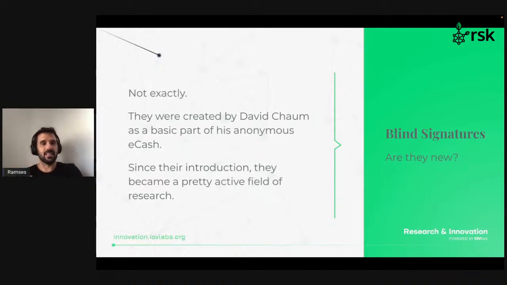Are they new? As I said before, they are not exactly new. They were created by David Chaum as a basic part of his anonymous electronic cash. And since their introduction, they have been a pretty active field of research.